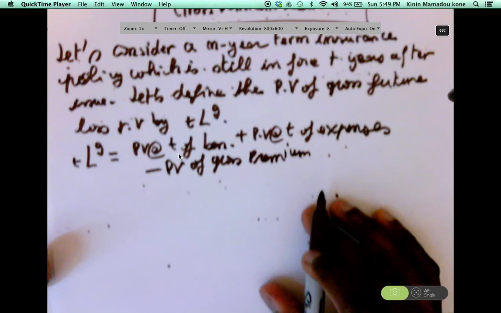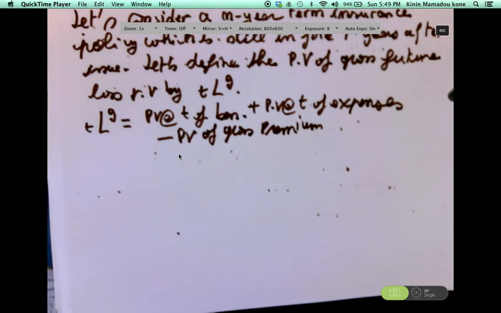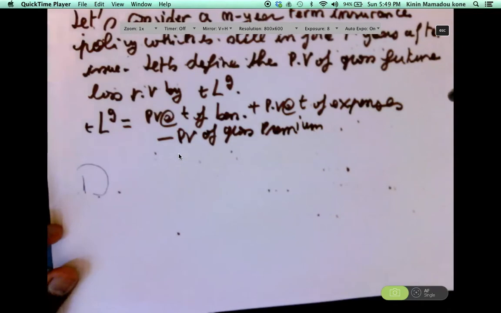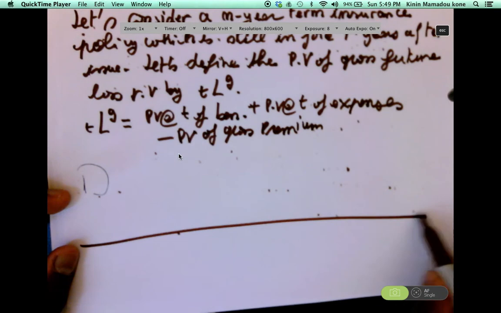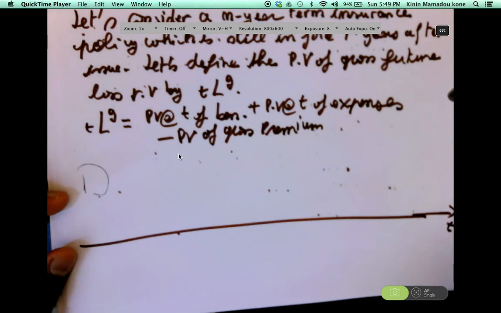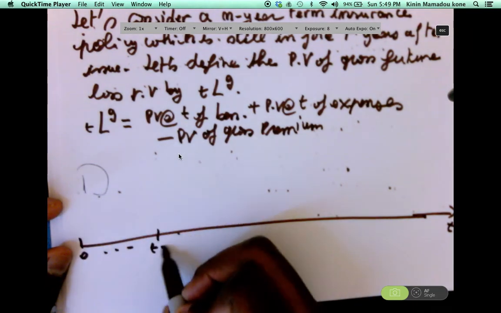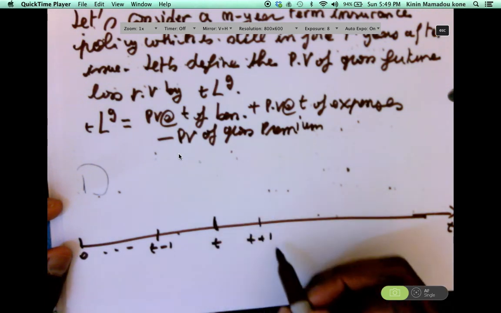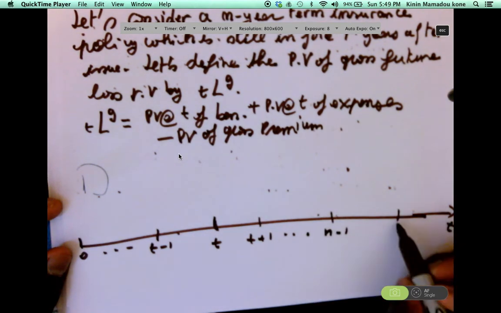So this is what it's going to look like on the graph. We have the death benefit. I don't think it's going to be here, but let me go back. We have that timeline like that. I have 0 here, t minus 1, t here, t plus 1, and so on, n minus 1, and n here.